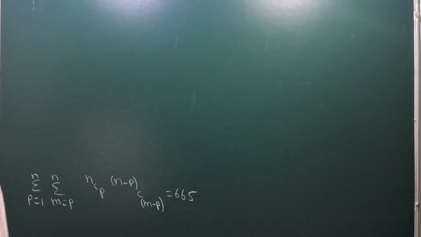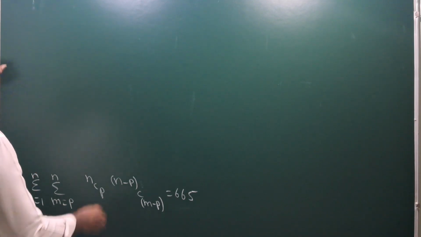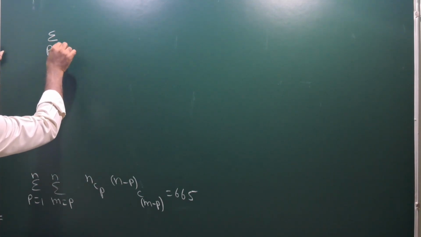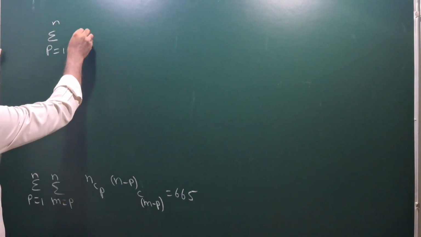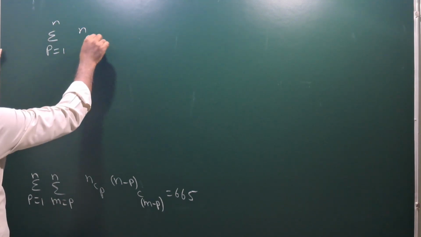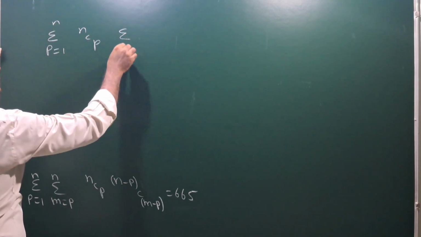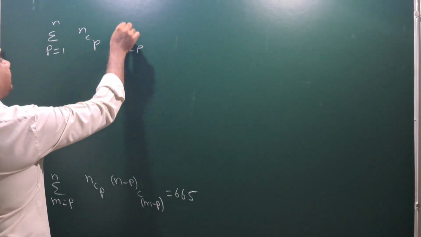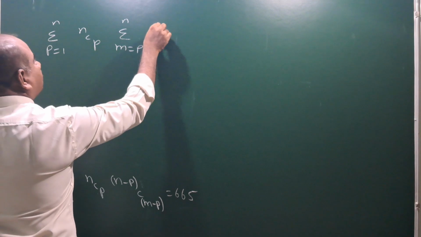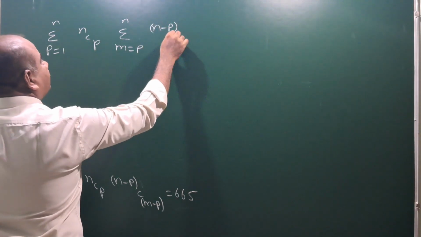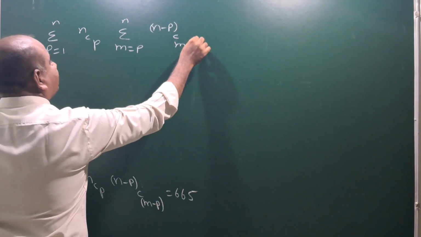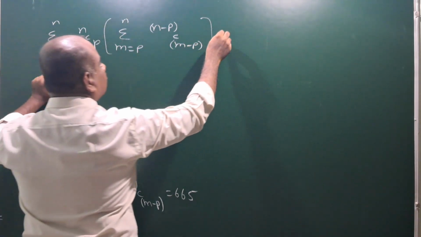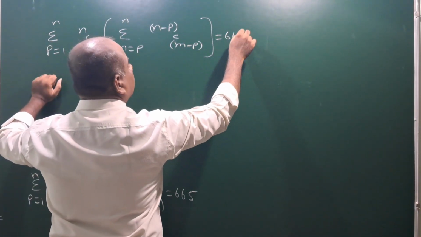Now we have to rearrange the terms like this: sigma p equals 1 to n nCp, and the second term is sigma m equals p to n of n minus p C m minus p, which is equal to 665.